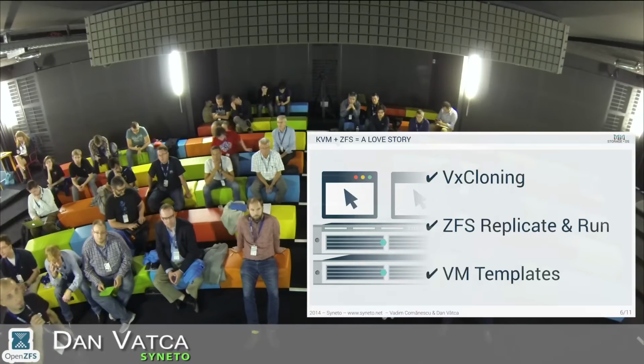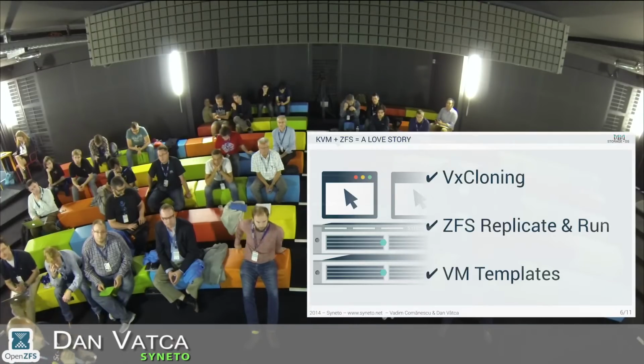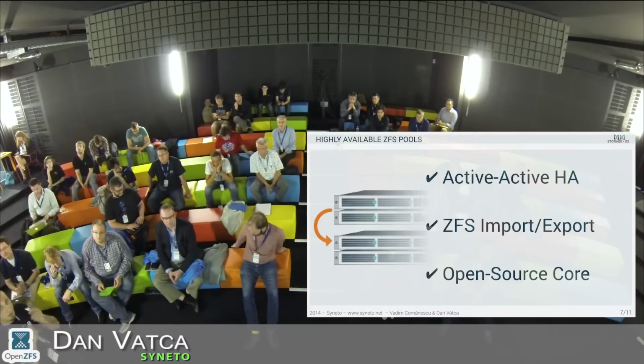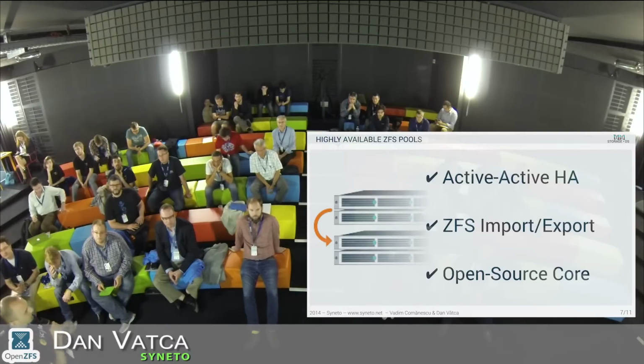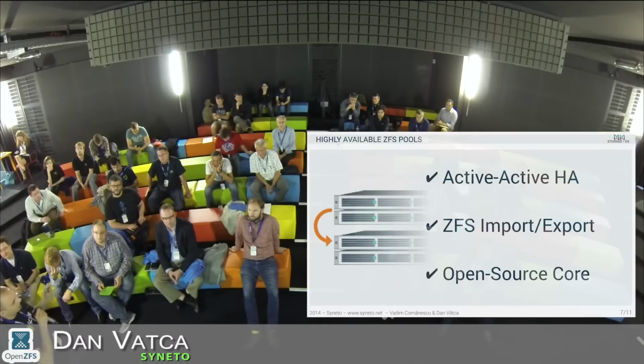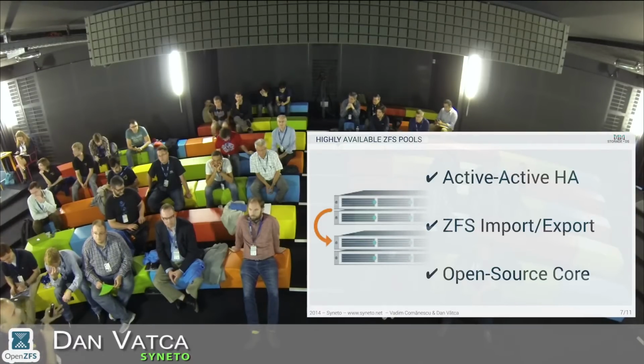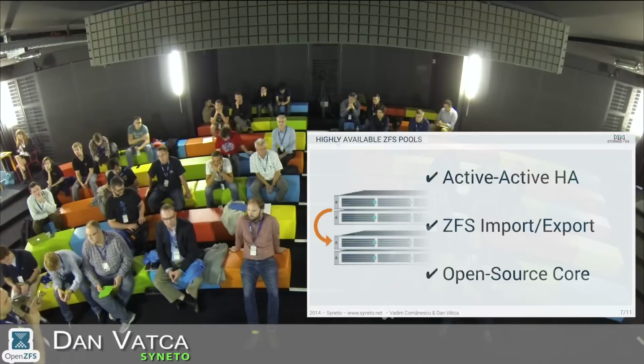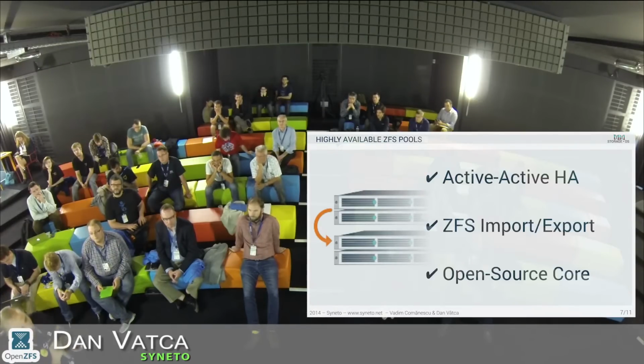Then another important thing that we've been working on is the HA, and we've been doing a lot of work integrating the Linux HA infrastructure, Heartbeat, and so on, and porting that to Solaris. We've been releasing things open source on our GitHub repository, the bits and pieces that we did for the porting.